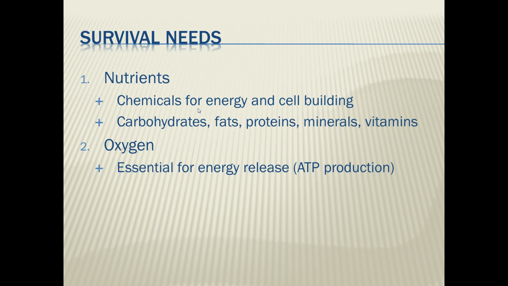That's our source of energy, these chemicals that we take in from our foods, and also our cells build all their parts from these things that we take in from the foods that we've consumed, our nutrients. So a couple of different roles there. Nutrients include things like carbohydrates, fats, proteins, minerals, vitamins. If you look on the back of a nutrition label the next time you're eating food, you're going to see all of those things listed there.